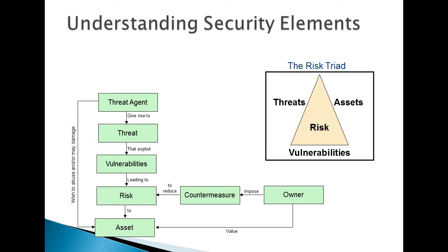On the other side, you have a threat agent who gives rise to a threat that is exploited in the form of vulnerabilities, leading to risk which affects the asset. The owner also takes certain steps to impose countermeasures to reduce the risk affecting the asset. So the main aim of the threat agent is to abuse or damage the asset which is valued by the owner.